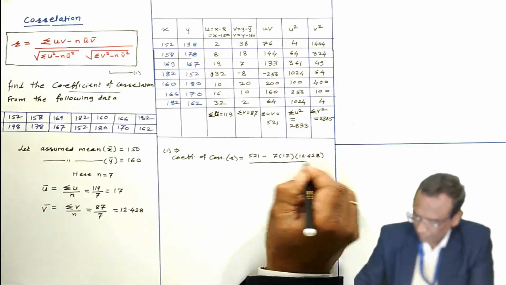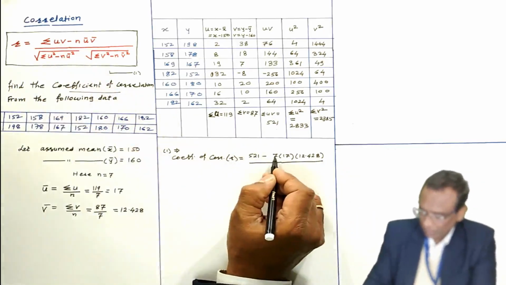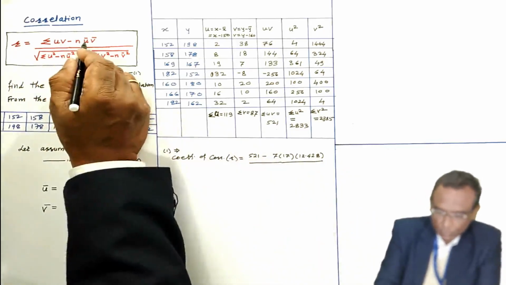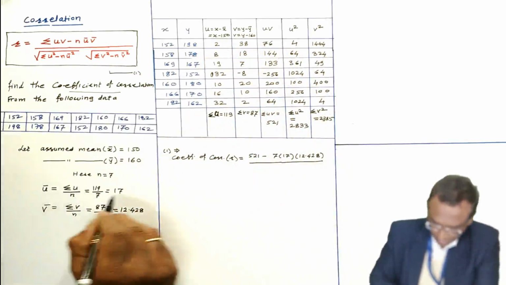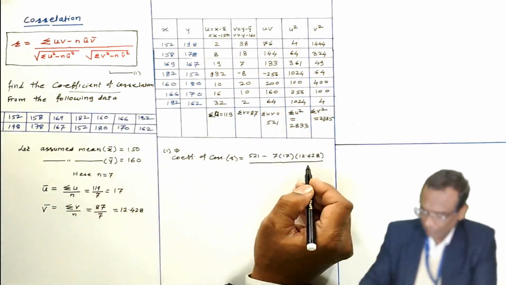Once again, this is the summation of uv, 7 is n, u bar is 17 and v bar is 12.428.